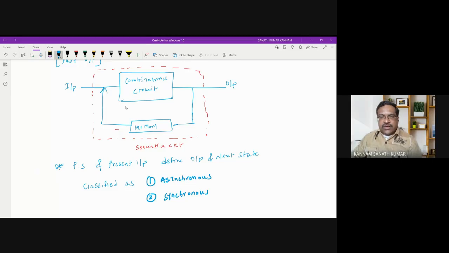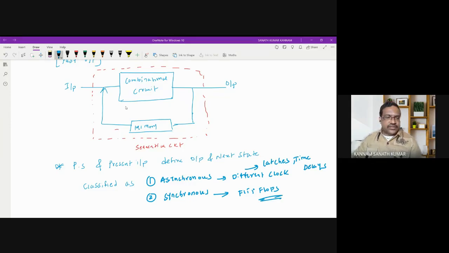Asynchronous means you have different clocks, like latches and time delays. These are the examples of asynchronous sequential circuits. And coming to the synchronous sequential circuit, you have flip flops. Okay, so these are the classification of asynchronous and synchronous sequential circuits.